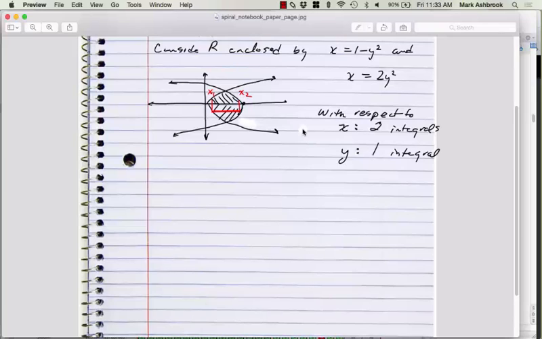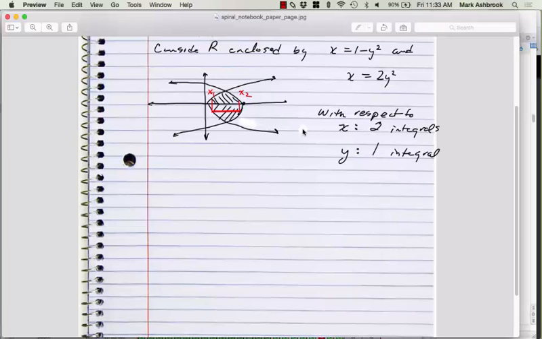Why? Not only is it only one integral, but you're going to have the width of that strip, which is x2 minus x1. And look, you already have those. You don't have to do any solving, right? The functions are given as x as a function of y. So what is x2? What's the value of x2 in terms of y?